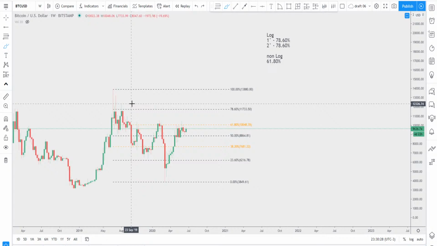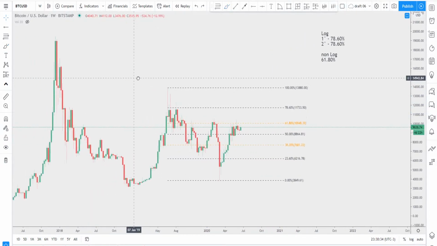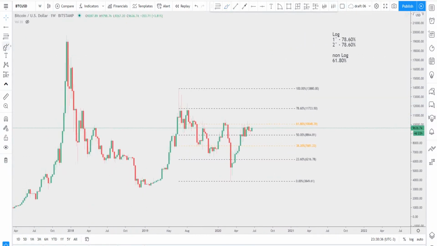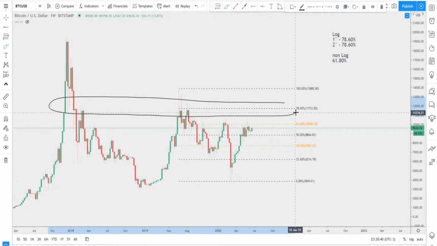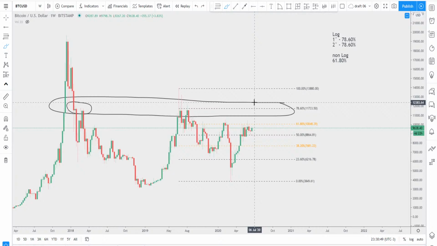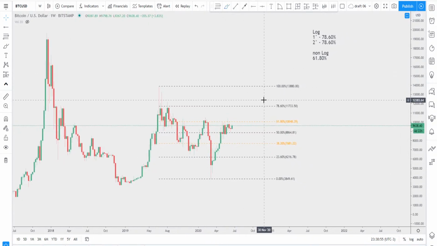Because as you guys can see, this is the bear's territory. Even if we look to the left, it's still the same, nothing changed. Bear's territory, and we are still trading below this level since 2018. So it's a very, very significant level.